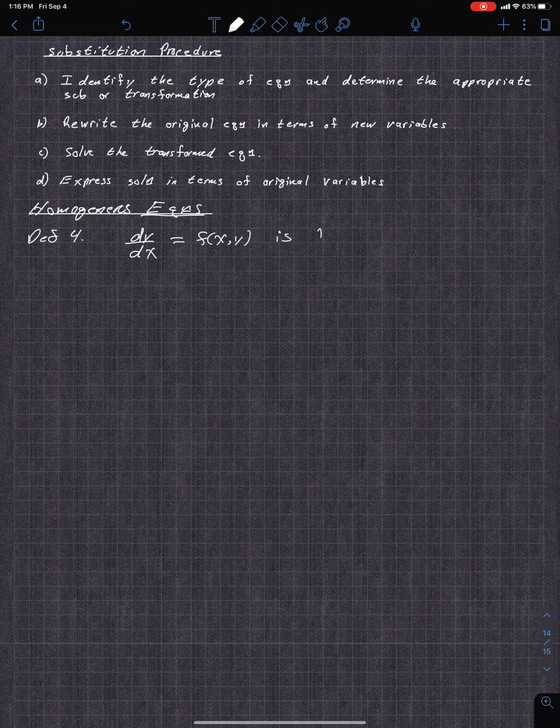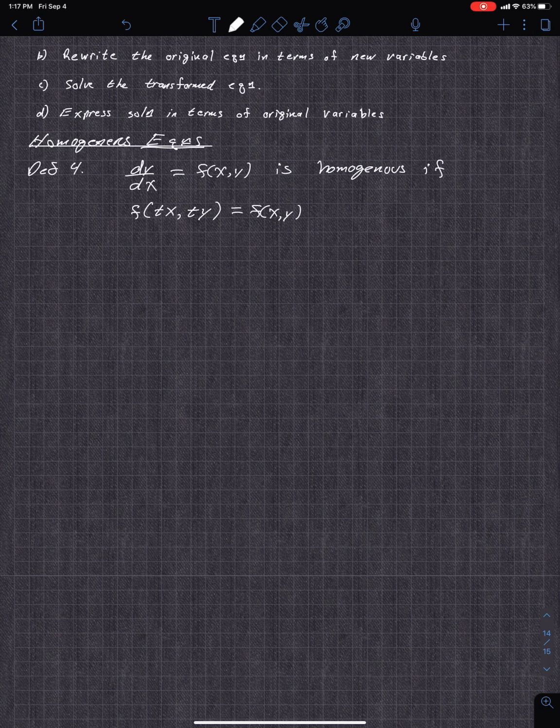That is homogeneous if f of tx, ty equals f of x, y. There are different ways to define this, but this is, I think, the simplest way to look at it. It's almost like if you put that in, the t cancels out.